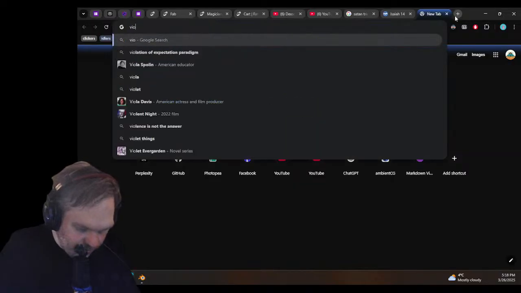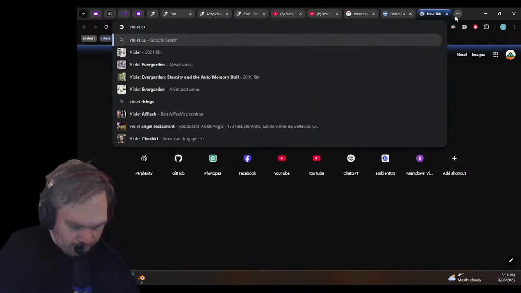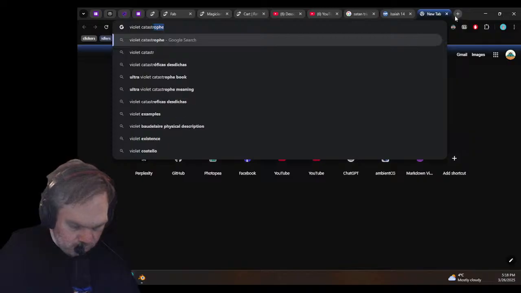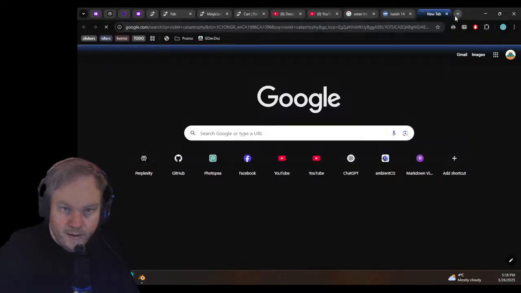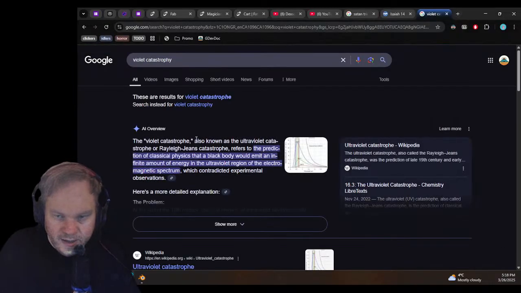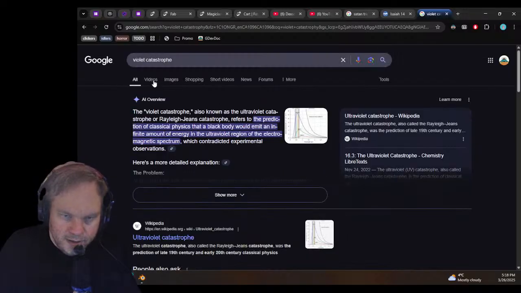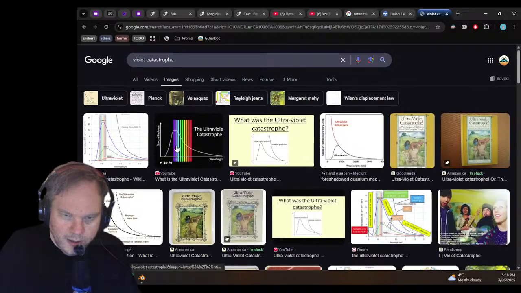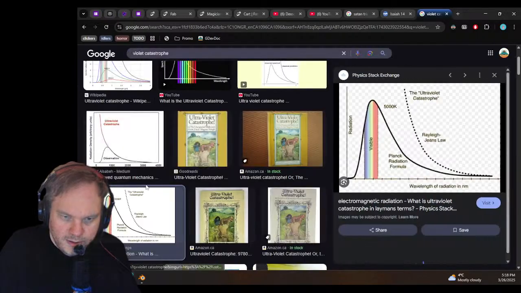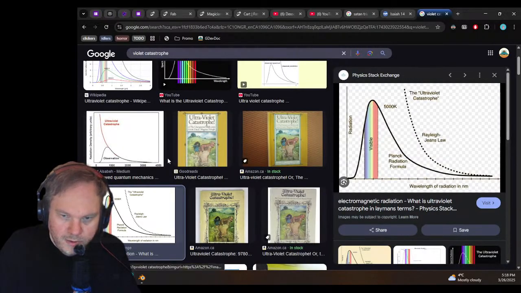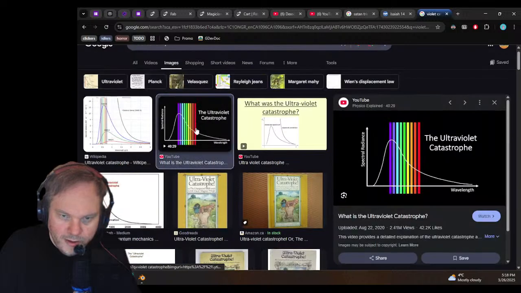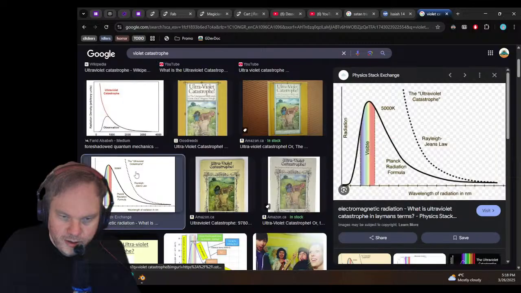Violet catastrophe. It doesn't say what I said, but I think it has something to do with it. Now it shows like the yellow at the wrong place. It's like on the peak.